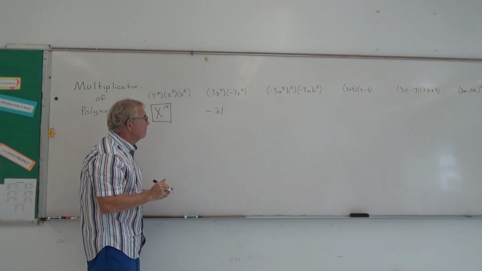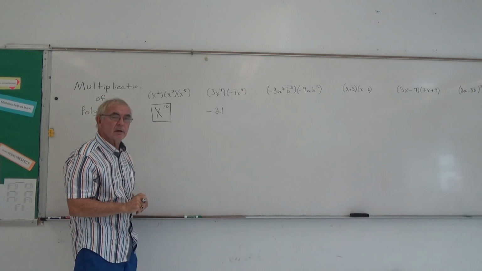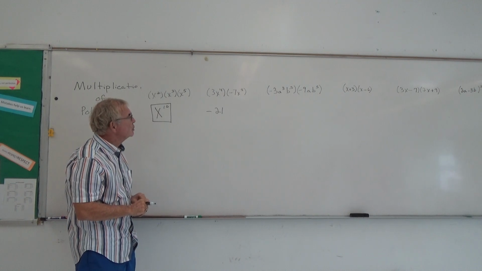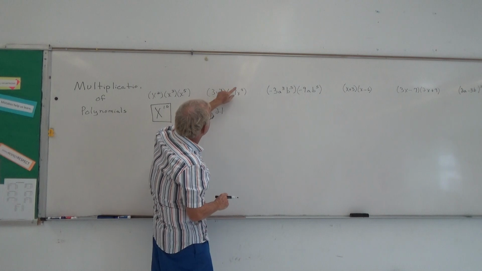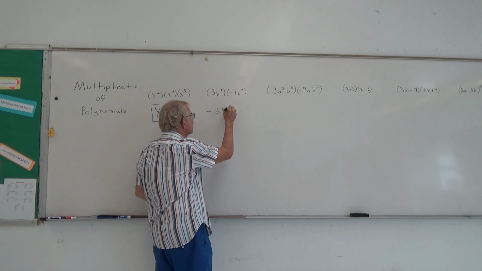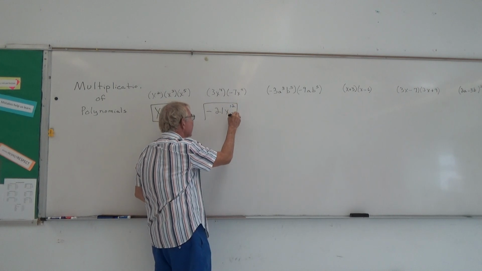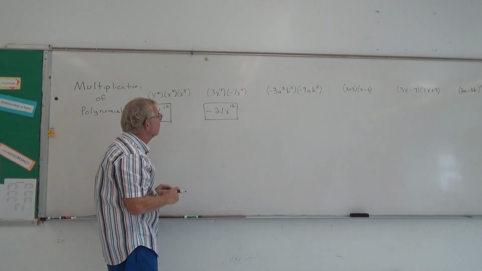Then again, we take the same base of x. You have x to the 4th times x to the 8th. The rule states that you add the exponents. 4 plus 8 is 12. So this problem is -21x to the 12th power. Okay?